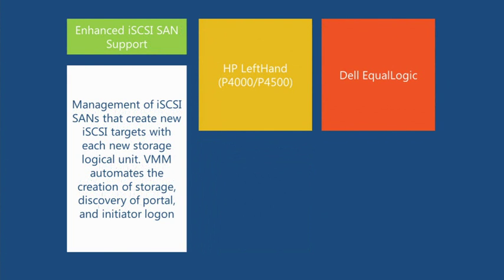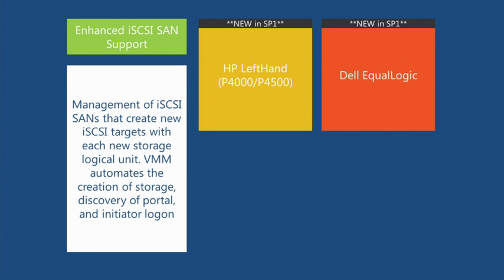The other new capability in this release is support for iSCSI SANs. So we are now able to support the HP LeftHand and the Dell EqualLogic arrays. We had a bunch of the support already in the previous release in VMM 2012, but we really didn't handle dynamic targets well.